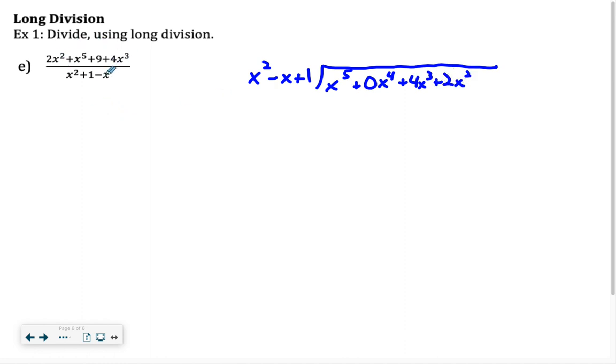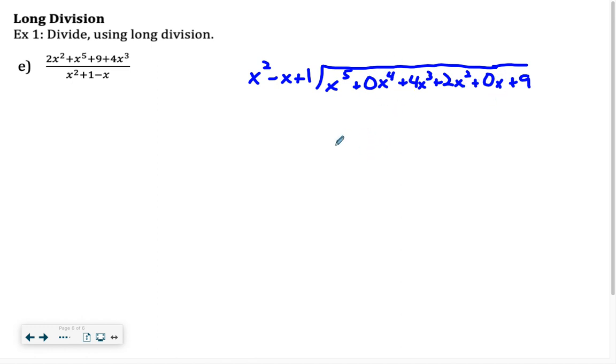I do not have an x to the 1st term, so again, I need another placeholder, so plus 0x, and then plus 9. Okay, so two things we need to make sure of in a problem like this: that we write both our divisor and our dividend in order of descending power, and if I'm missing any powers, I need to put in a 0 placeholder.